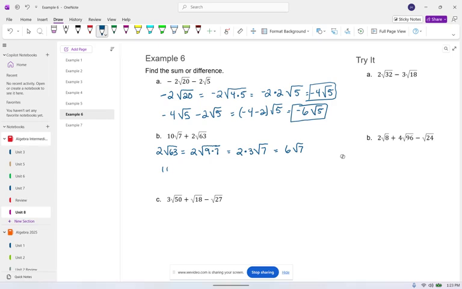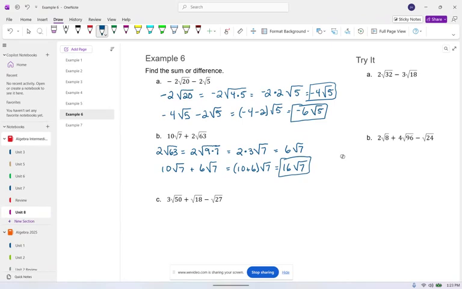So we would have 10 square root of 7 plus 6 square root of 7. That would be 10 plus 6 square root of 7, which is 16 square root of 7.